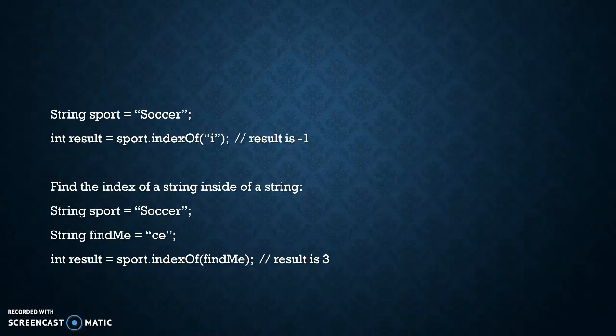Well, remember, findMe is looking for the "ce", and it's looking for the "ce" inside of sport, which is soccer. And what it's going to do is return an index position of 3 because 3 is where the "ce" starts. So S is 0, O is 1, C is 2, C is 3, E is 4. So "ce", that combination of letters, started at index position 3.